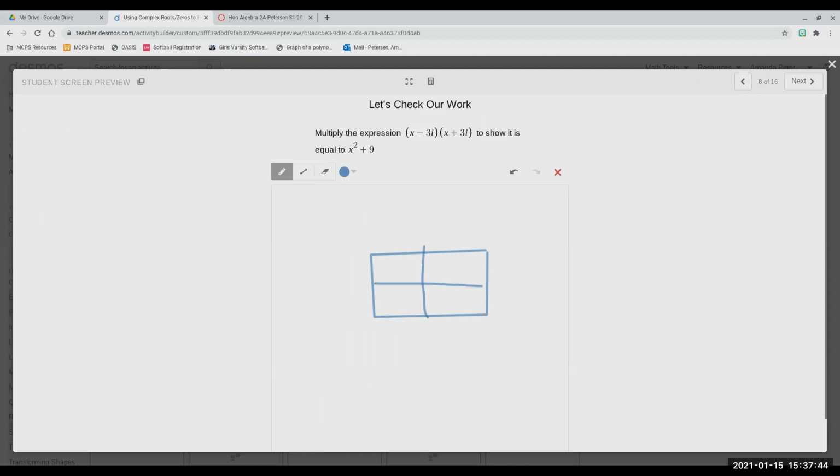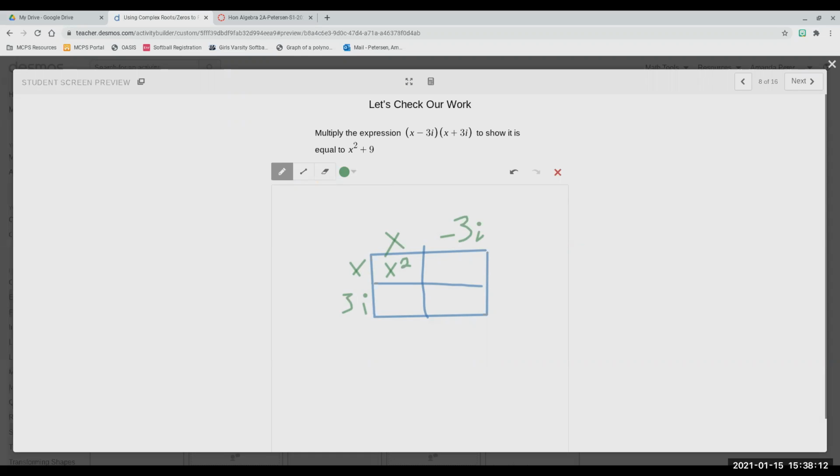So remember, box method, you're going to assign each piece of the binomial a box. And we just multiply. X times x is x squared. Now this is the piece that trips people up, and that's the 3i times x.